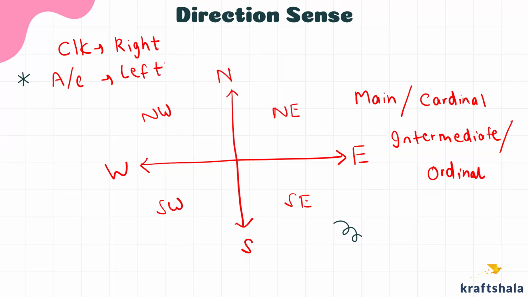Why I'm asking you to remember it like this, that clockwise is right, anti-clockwise is left, is because you don't have to take your right and left. You have to take his right or left. If you don't remember it this way, the most common blunder happens. Suppose you are moving towards north and the person gets a right turn.